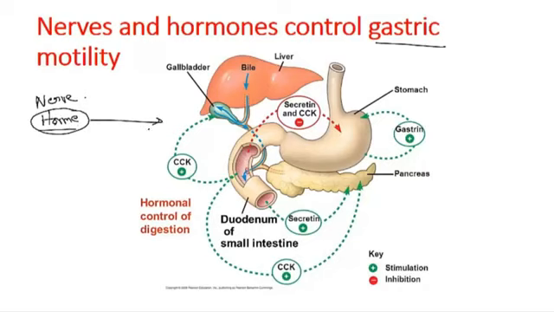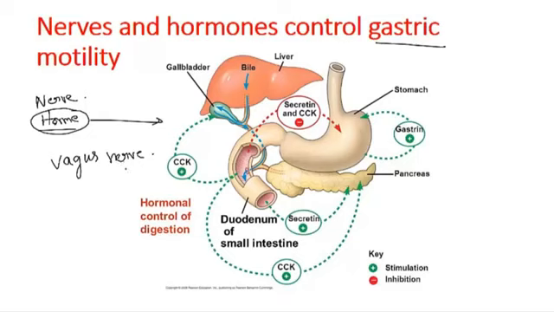But normally the nerve also plays a very important role, because the nerve controls the response of the stomach during the cephalic phase of digestion. It's called the cephalic phase because that phase is controlled by the cephalon, the brain. The cephalic phase is regulated by long reflexes, and especially the vagus nerve.